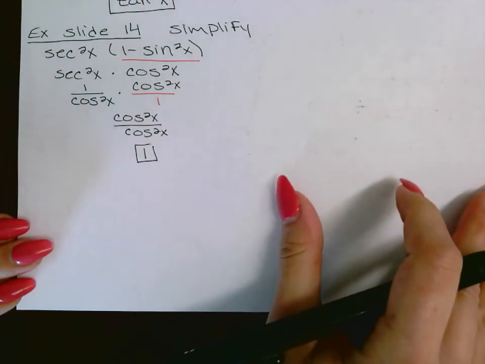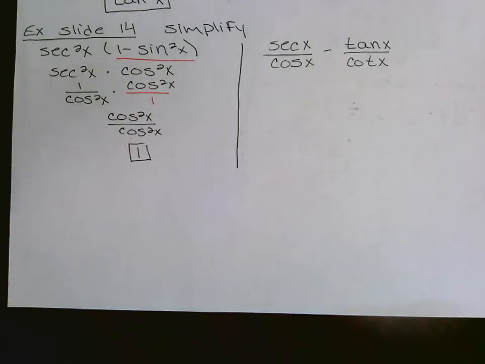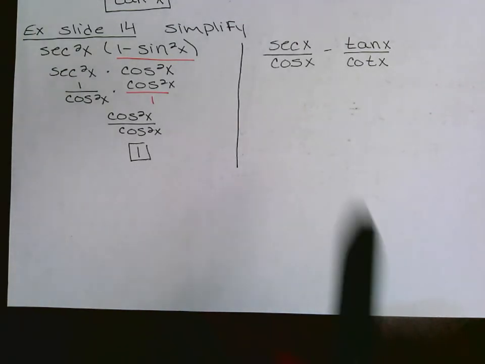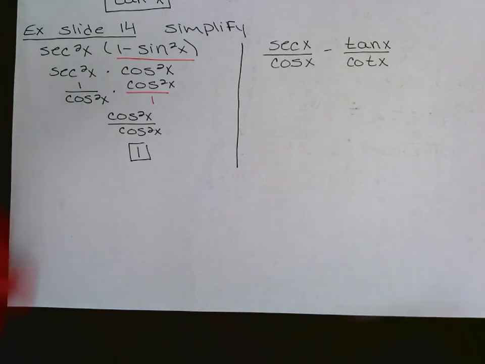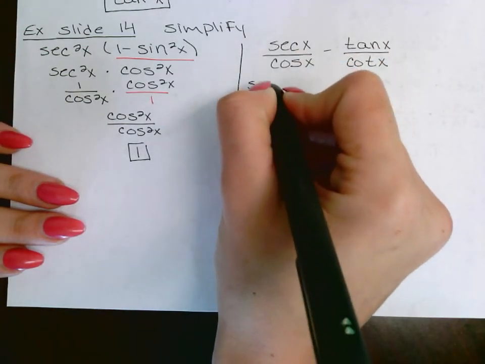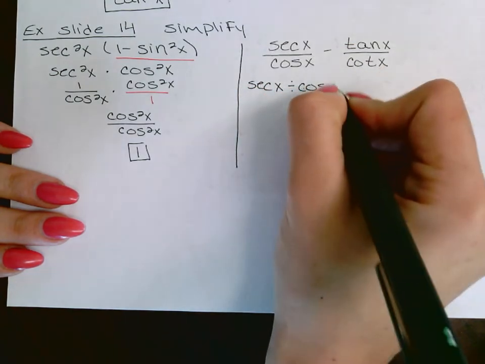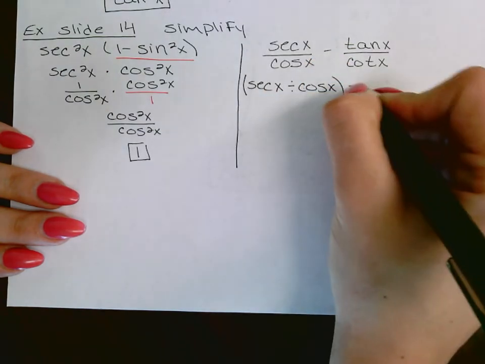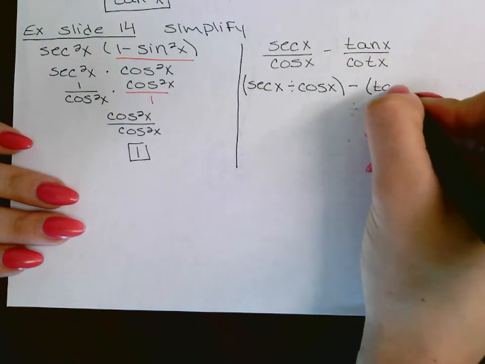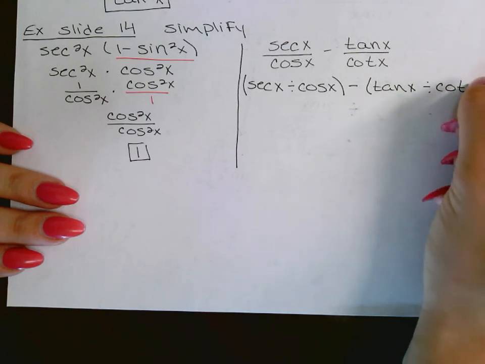All right. For this next question, I'm going to suggest the steps that we used on the first question that we did today. Being that I have fractions, I'm going to write them horizontally. So I'm going to say secant of x divided by cosine of x minus tangent of x divided by cotangent of x.